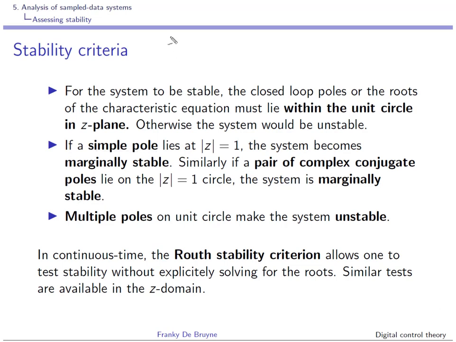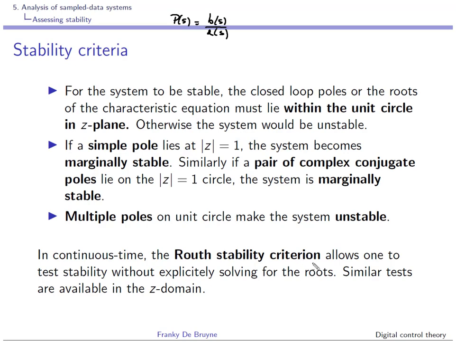Well, if you have a system in continuous time, and we'll call it P of S, and it has a numerator B of S and a denominator A of S, you can assess stability by looking at the denominator polynomial, and then in MATLAB, of course, you can compute the roots of this polynomial to check if they are on the left side of the imaginary axis.